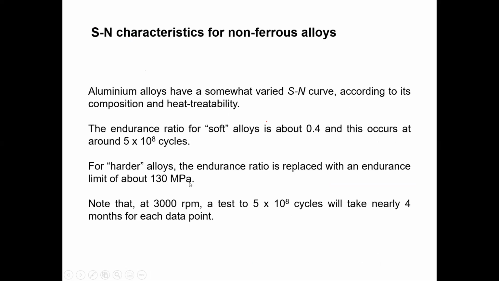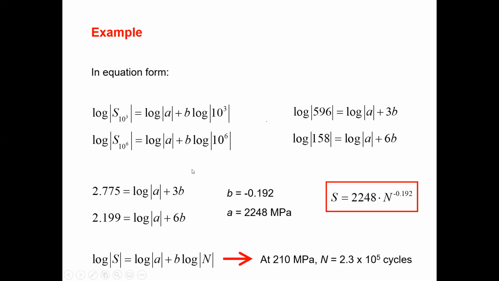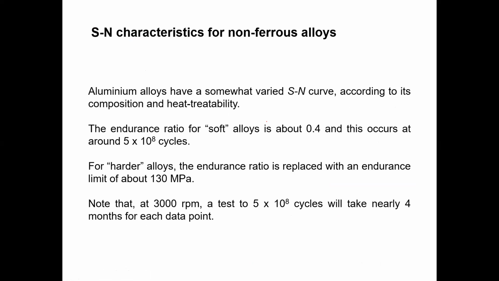We discussed until this point for the steel. So if we have non-ferrous material, that means aluminium or copper, different kinds of other elements without ferrous material, non-ferrous alloys, you need to consider the endurance limit for the soft alloys. It is around 5 times 10 to the power 8 cycles.